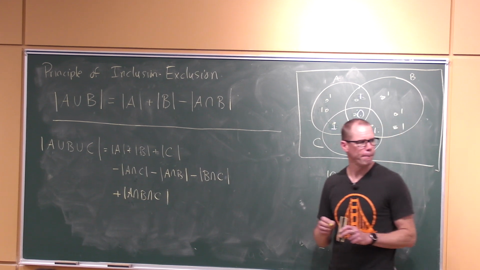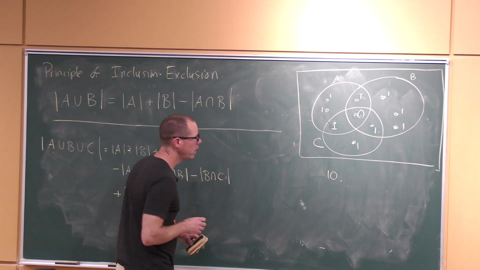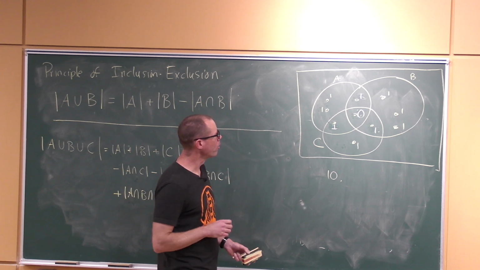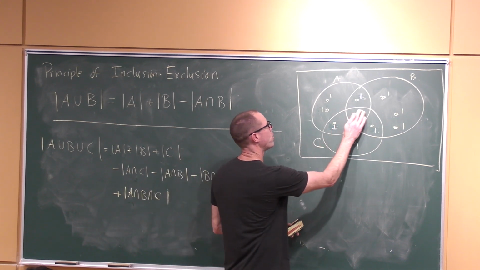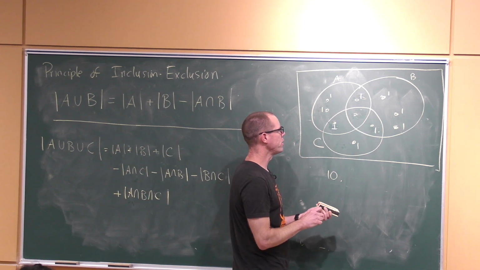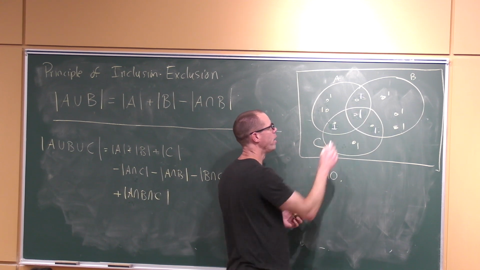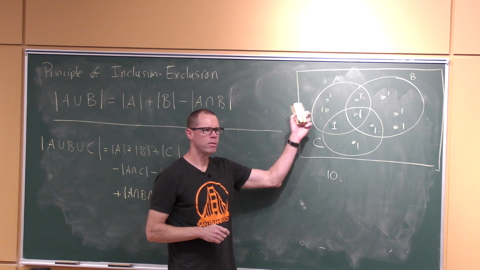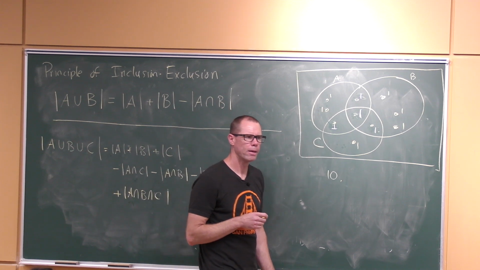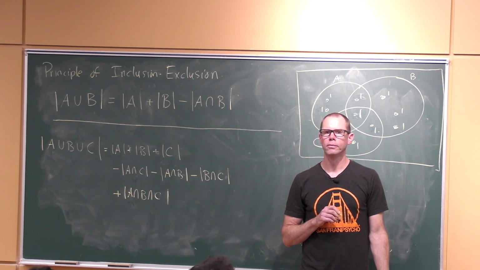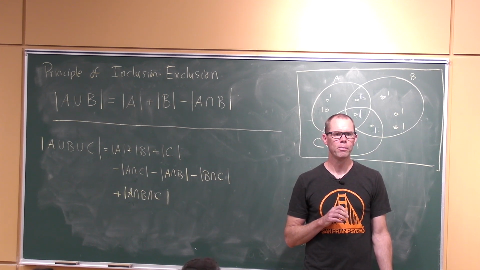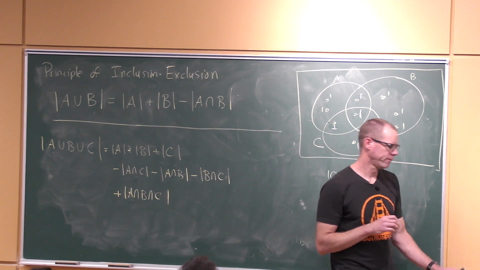You believe that? And you'll see if we do that here, we'll get the answer 10. So that last term that we just added puts this thing back to a 1, and we get exactly these 10 points here. Is that clear? All right.